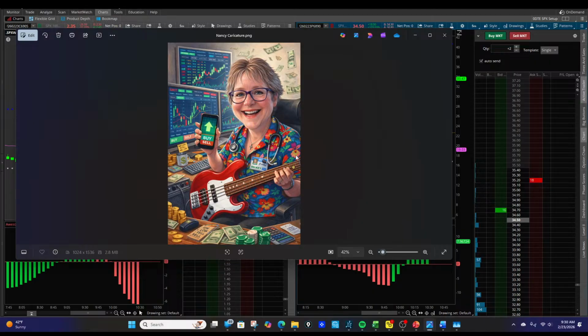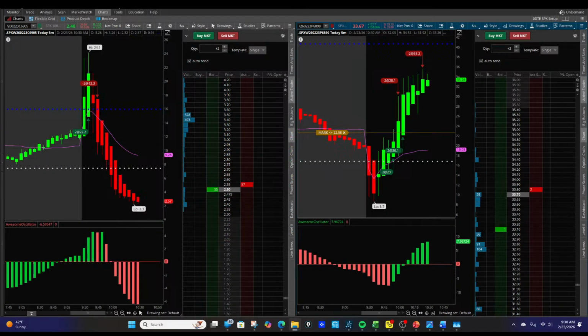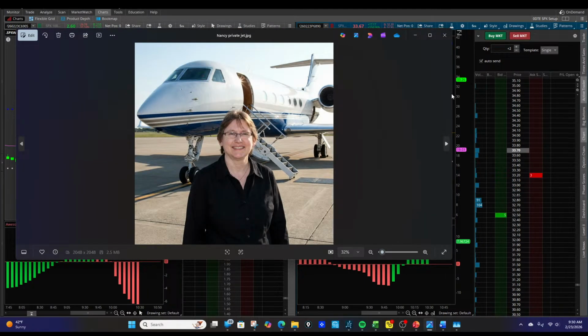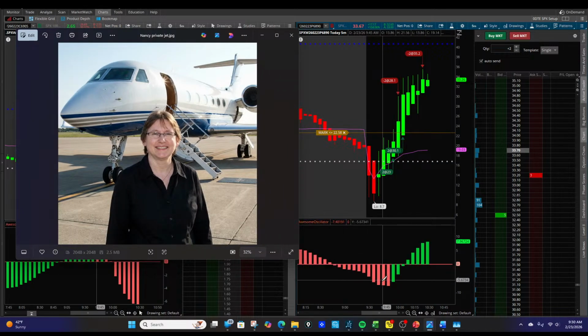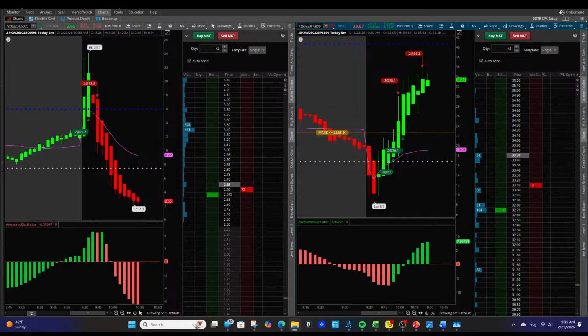Now, I have no idea why I have a stethoscope around my neck. That doesn't make any sense at all. Because I don't work in the healthcare profession. I was a teacher for 24 years. But that's what it gave me for that. Here I am in front of my private jet. Not really. AI, I don't know. AI is just fascinating to me. I don't quite understand it completely, but I really love playing with it.